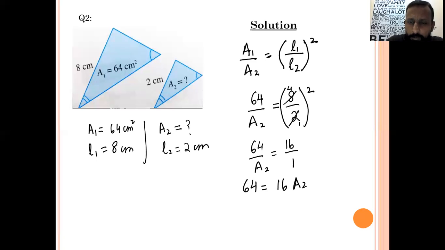Now, what is unknown, boys and girls? A2 is unknown. So bring 16, cross multiply 16 on the other side. So now you have 64 upon 16 is equal to A2.